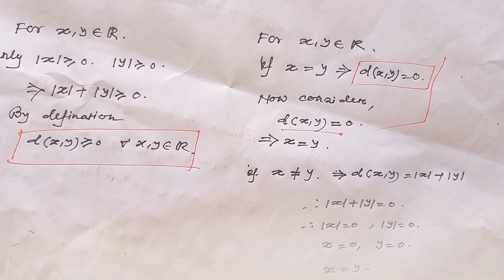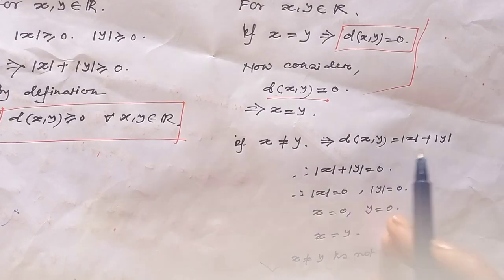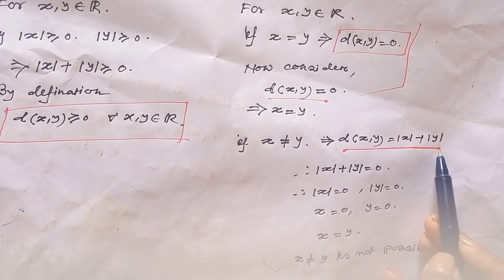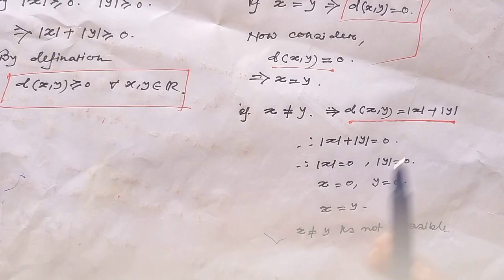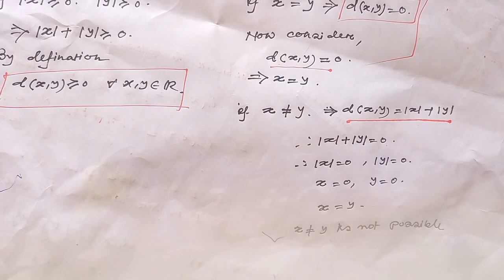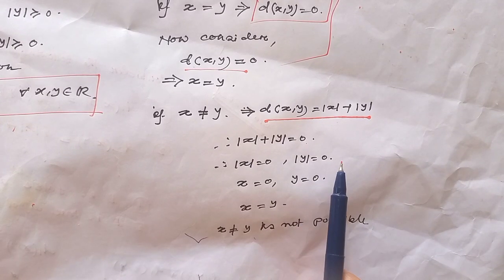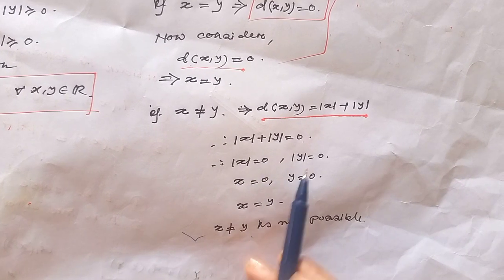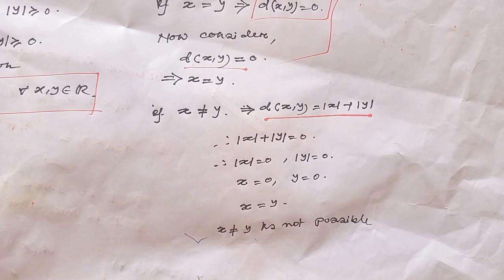And if x is not equal to y, then d(x,y) equals |x| + |y|. And d(x,y) equal to 0 means |x| + |y| equals 0, which implies |x| equals 0 and |y| equals 0.